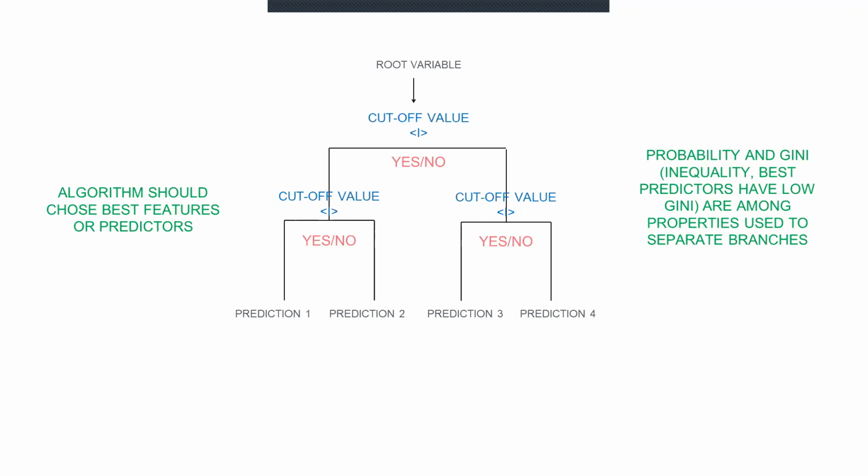So let's analyze the structure of this decision model. We have some initial variable which is called a root variable, and then that root variable is assigned with the first decision point. We have a cutoff value, and then we are deciding if the value of gene expression is higher or lower. And then we have two branches, and both of those branches have their own cutoff value.